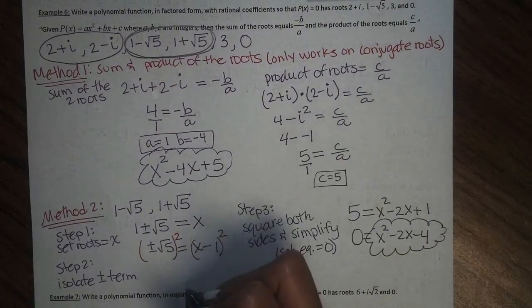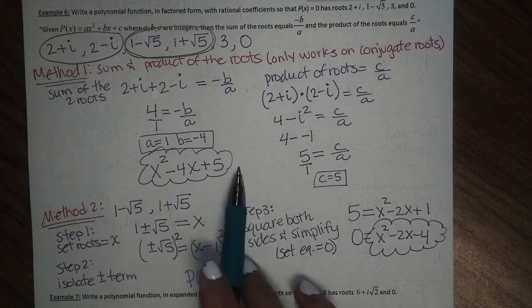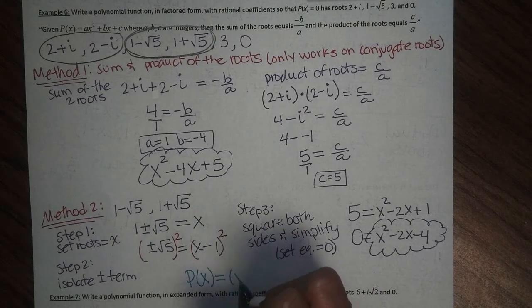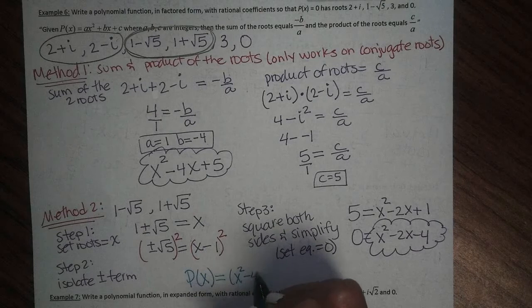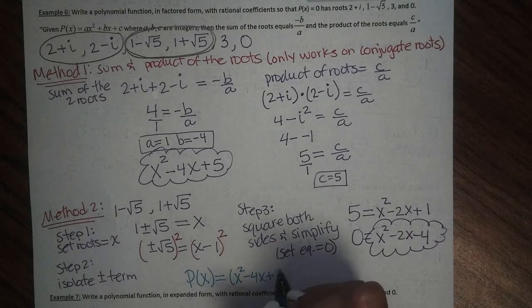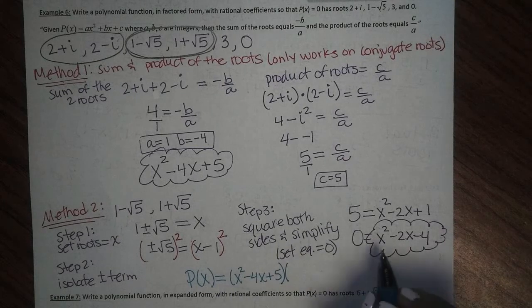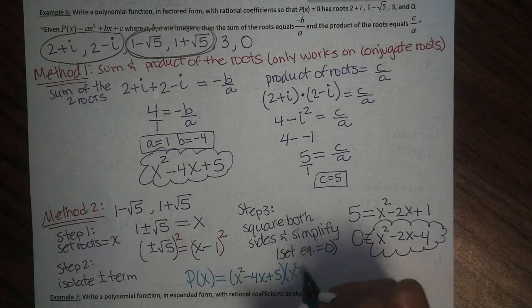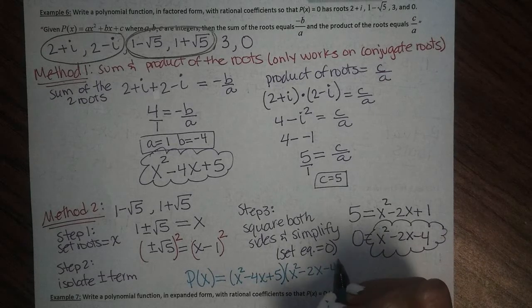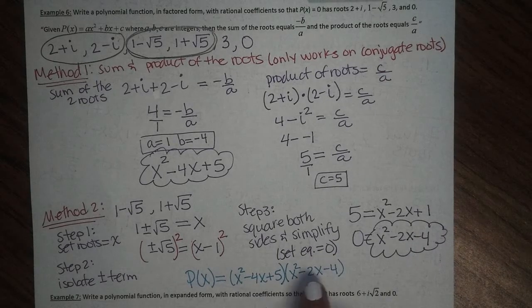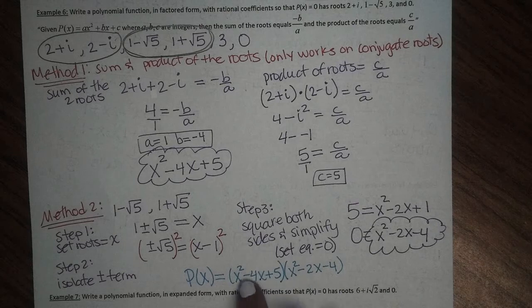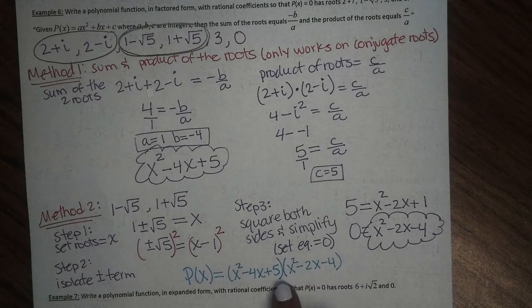So your polynomial is going to be, let's start with our first quadratic, x squared minus 4x plus 5, times our other quadratic, x squared minus 2x minus 4. This is called factored form because you're just leaving it like that. If you expanded, this would be a quartic, like x to the 4th.